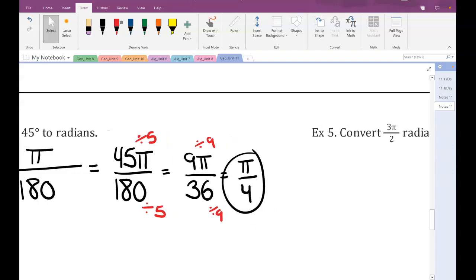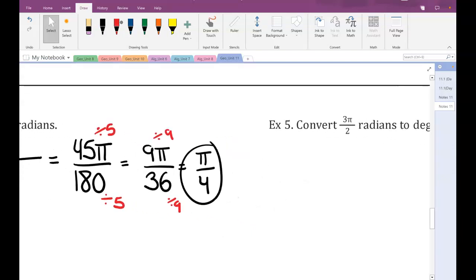Now going the opposite way, where we're given radians to start and we want to convert to degrees, we multiply by the reciprocal. So we multiply by 180 over pi. There's a pi on the bottom and a pi on the top, so pi on the bottom and pi on top are going to cancel out. We're just going to be left with a number.